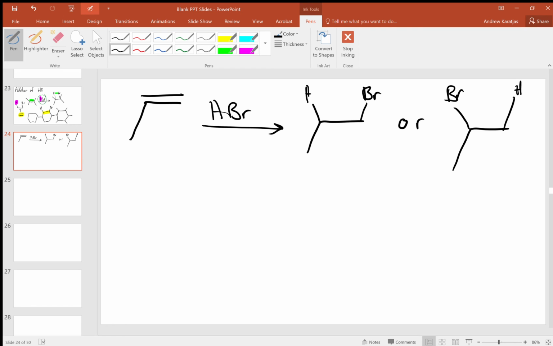We don't just get everything coming together all at once and giving us our product. There are certainly reactions where that does happen, but this is not one of those. In fact, in this reaction, the mechanism is actually 2 steps. But again, we don't do mechanisms in this course just because of lack of time.